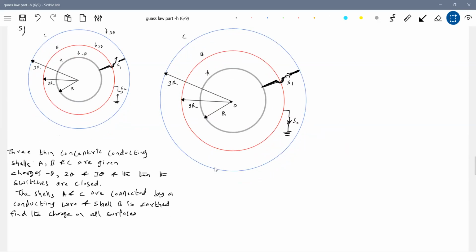Read the question first and try to understand the situation. What to do when both things are there? Okay, let's do one thing.